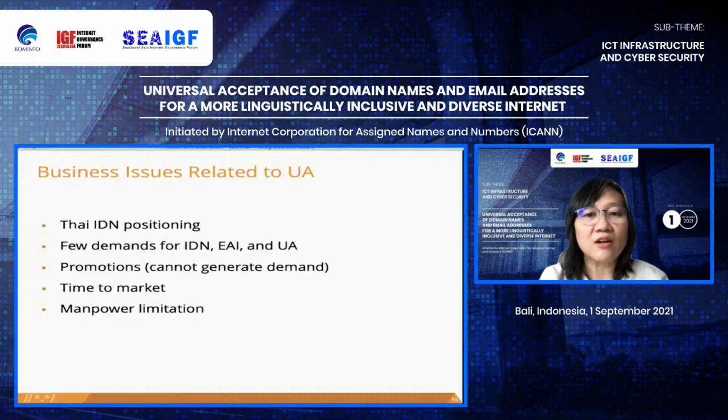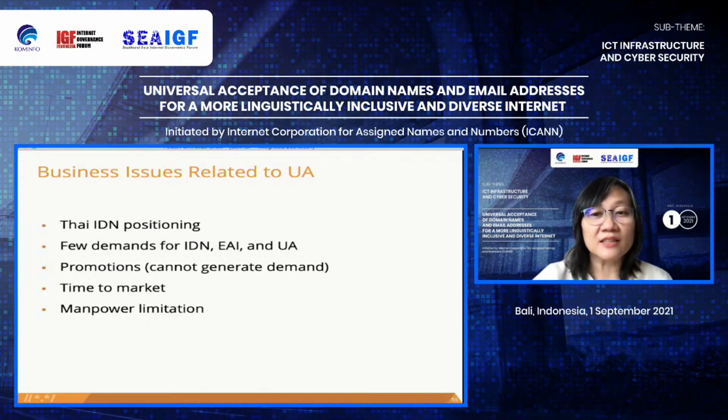There are a lot of Thai people who are not familiar with the English alphabet, and we aim for them to use the internet equally with Thai IDN and EAI. So it means that our Thai IDN and EAI will be the linguistically inclusive internet for them.